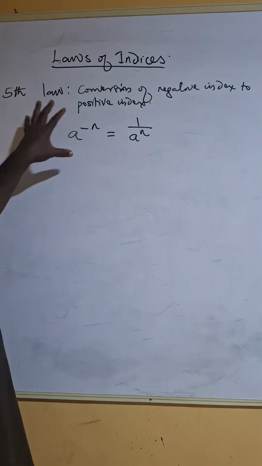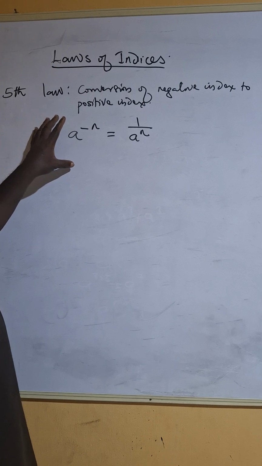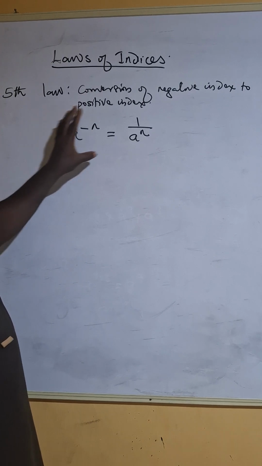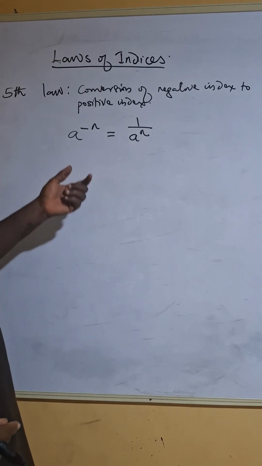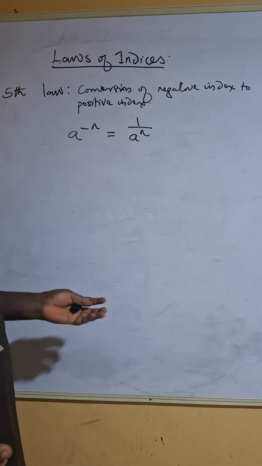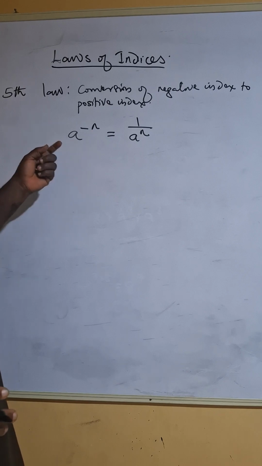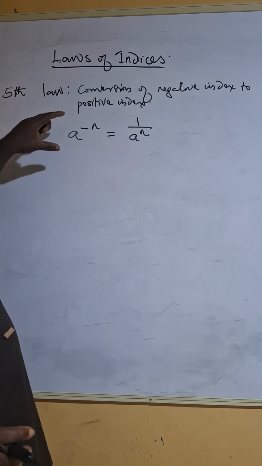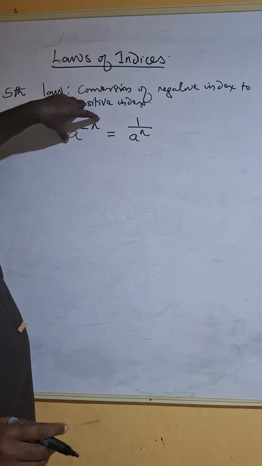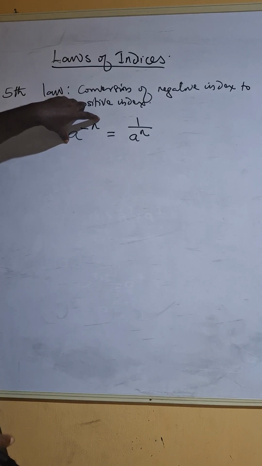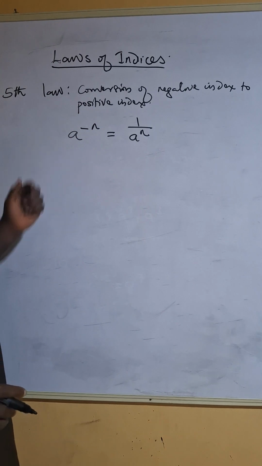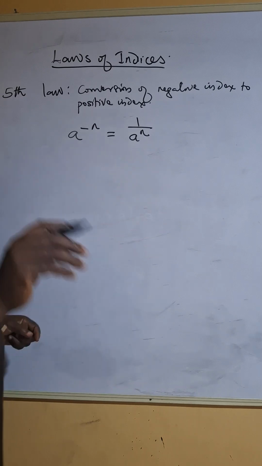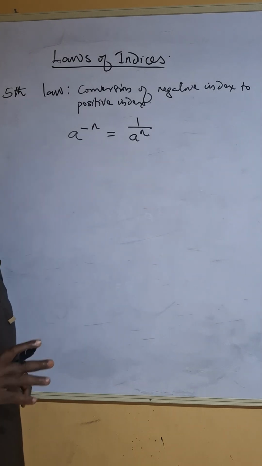Now, we are going to do some manipulations here in order to arrive at this. What we only need to do is to introduce an index number, positive one, and use it to multiply this in two places without impeaching the value.